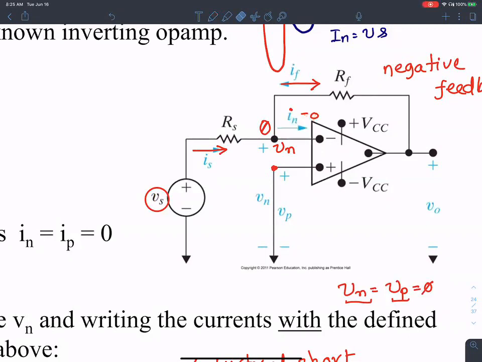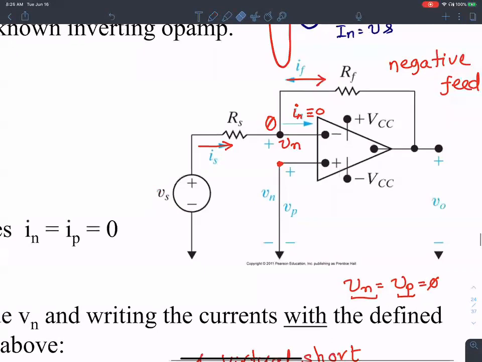By applying these two principles, I should be able to get the relationship between V output and V input, which is the source.